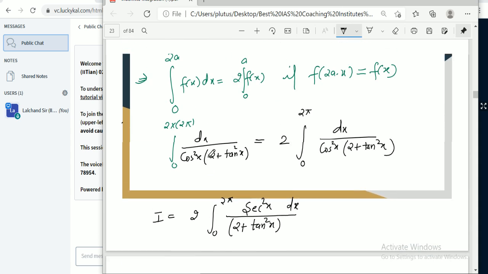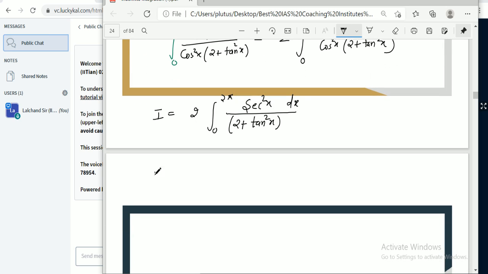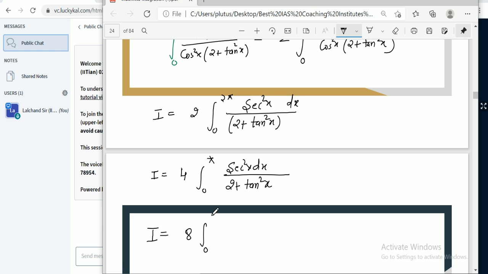So now again we apply this property. So we can also write this is equal to 4 times integral 0 to pi of sec square x dx upon 2 plus tan square x. So I will be finally 4 into 2, 8 times integral 0 to pi by 2 of sec square x dx upon 2 plus tan square x.